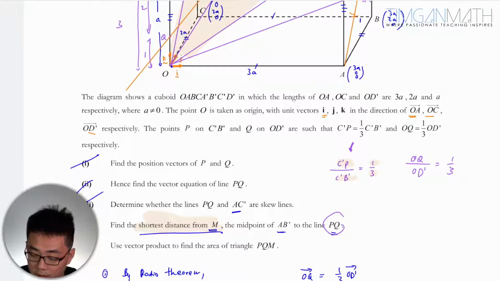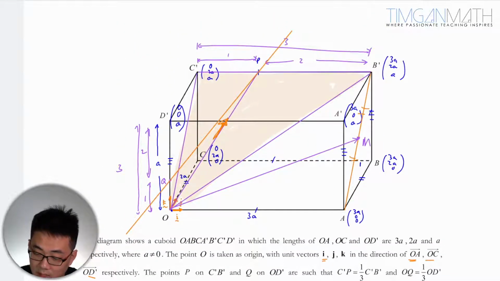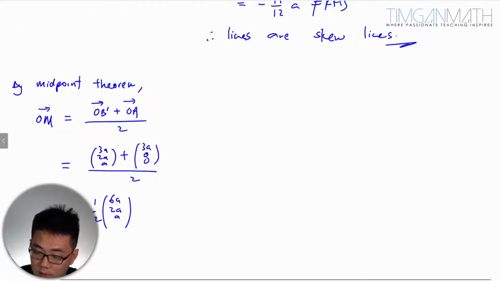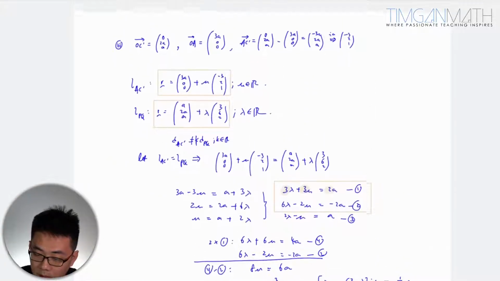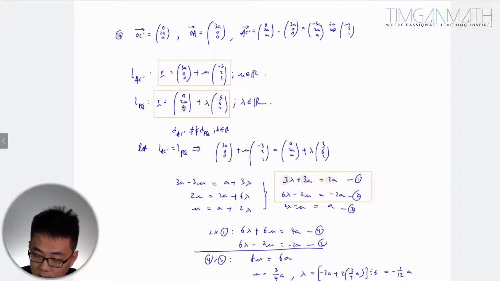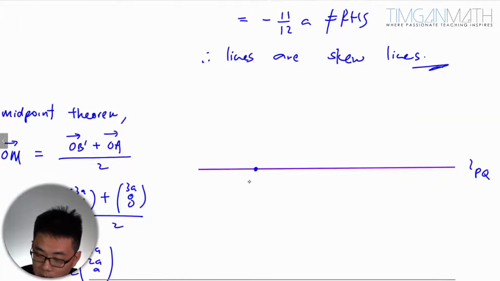So now what we need is the shortest distance of OM, which I found already, to the line PQ. PQ is this line which we found, so I'm just going to draw the line PQ out. It doesn't really matter. So this is line PQ based on my formula here, which I use: a, 2a, a is P, right?